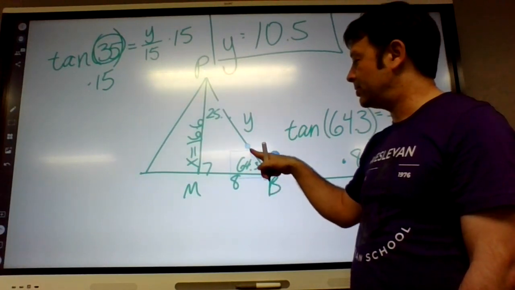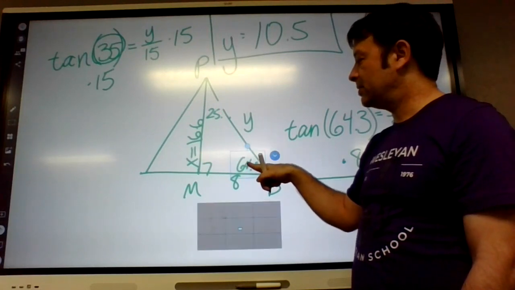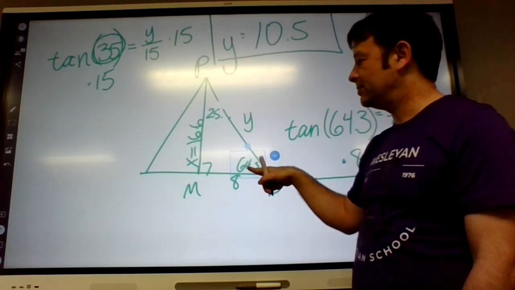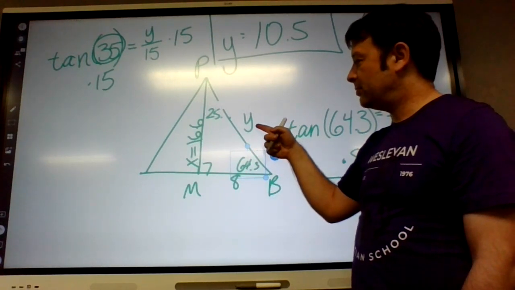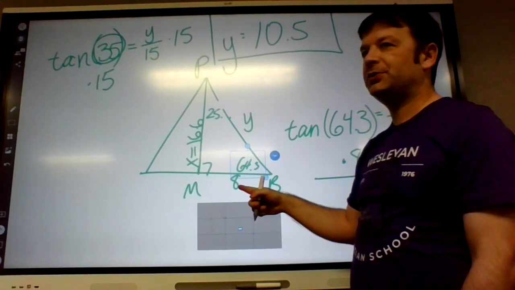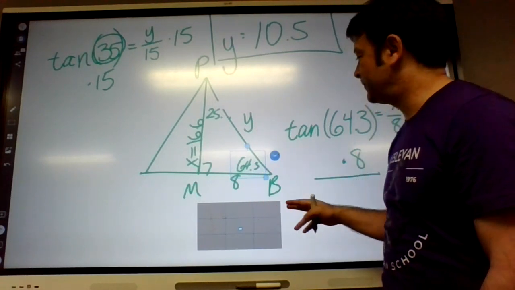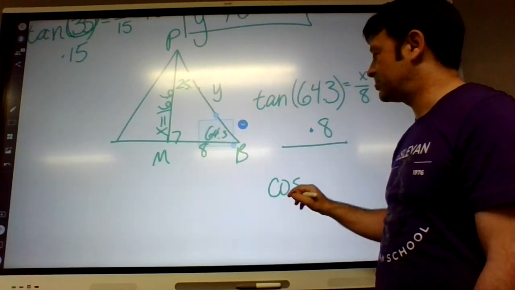Starting from this angle, we have the adjacent and the hypotenuse. Which trig function does adjacent over hypotenuse? Cosine. This is the one we did yesterday.